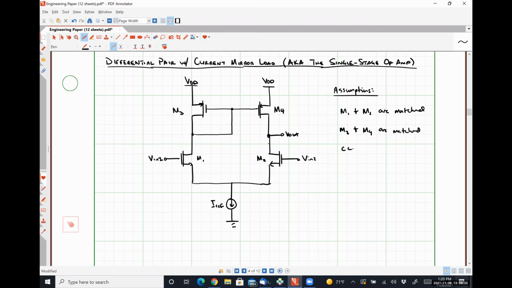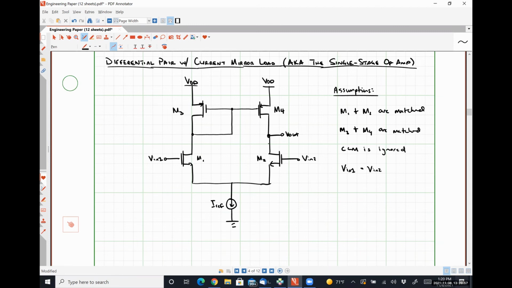And we're going to ignore the effects of channel length modulation for our qualitative analysis here. Okay. So let's say that VN1 is equal to VN2 such that we only have some common mode signal being applied to this guy.